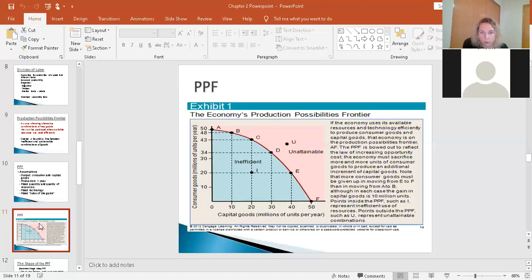What resource are we underutilizing to the point that we are being pushed deeper and deeper and deeper into that, towards the origin, into our inefficient area? We have a very wasted resource right now. Thank you, Devin. It is labor, right?